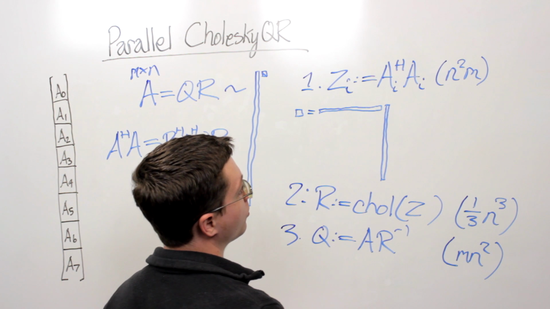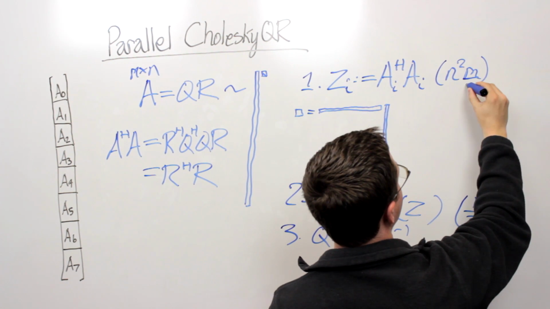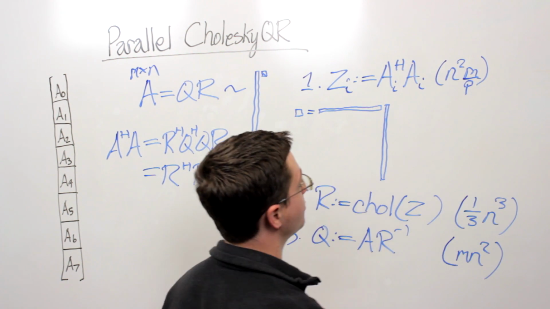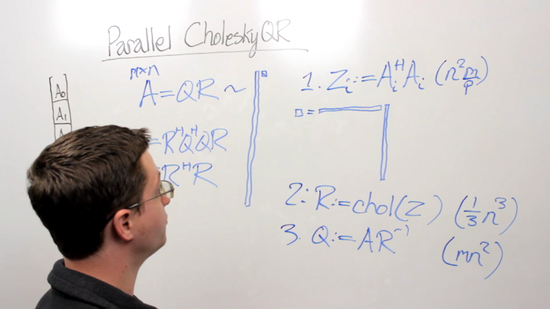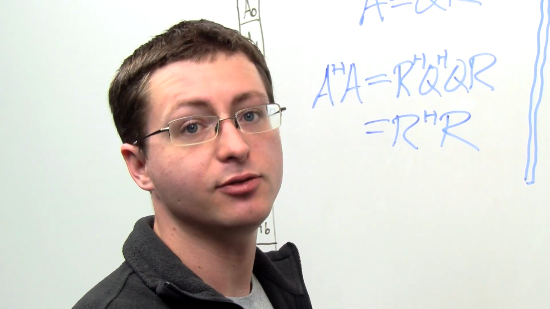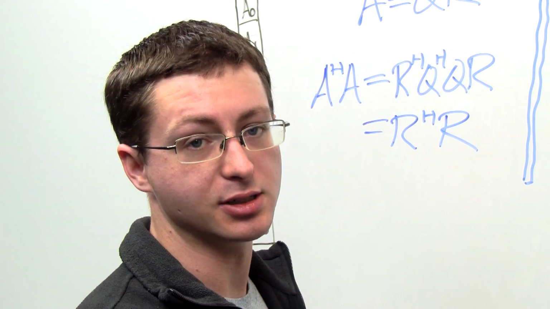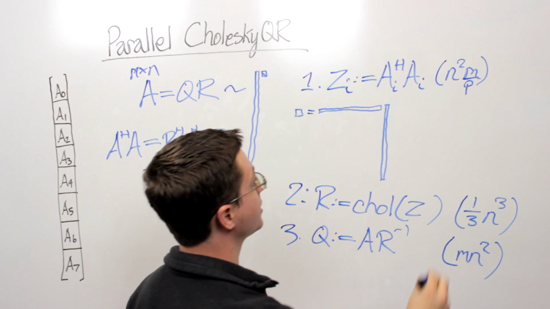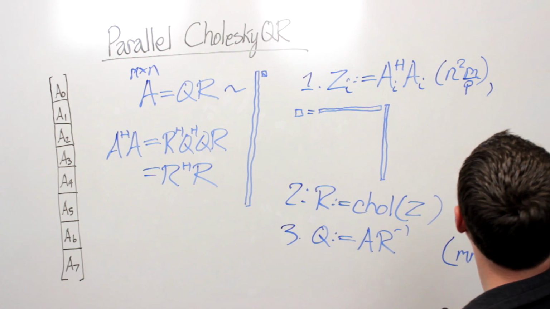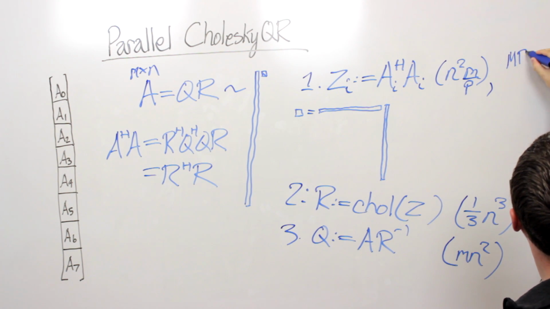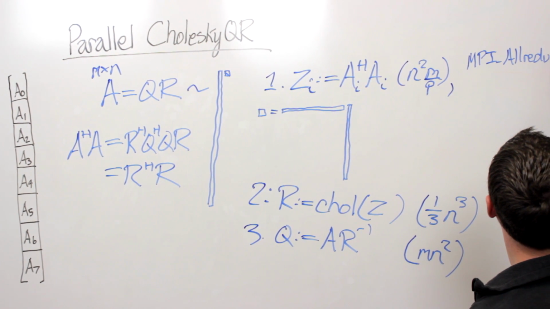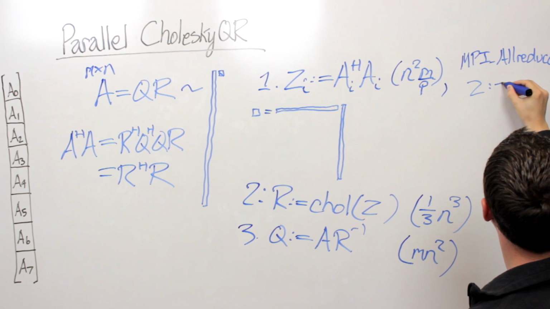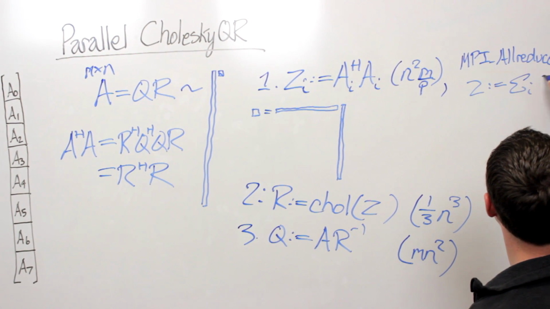In this case, the work required is m over p times n squared, where p is the number of processes. Then to compute Z, it's simply the summation of all the Z sub i's, so the next step would be to perform an MPI all reduce in order to compute Z as the sum over all the processes of Z sub i.